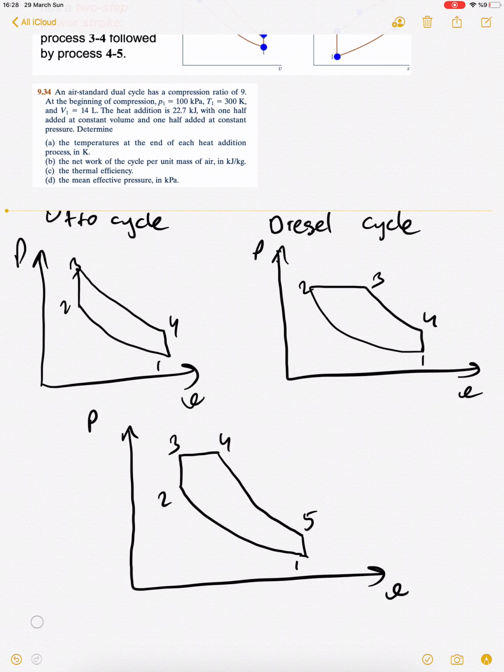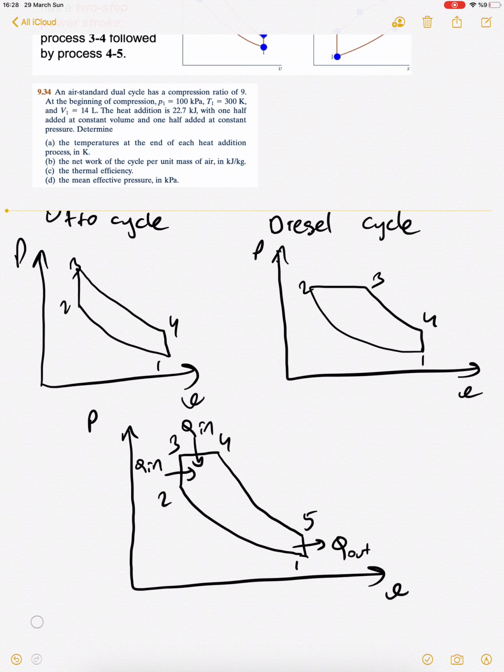So heat addition occurs here and here, and heat rejection occurs here. This is Q in, and this is Q out. So this is a better way to model internal combustion engines by using heat addition at 2 stages.